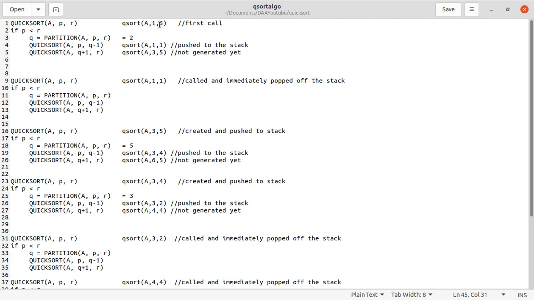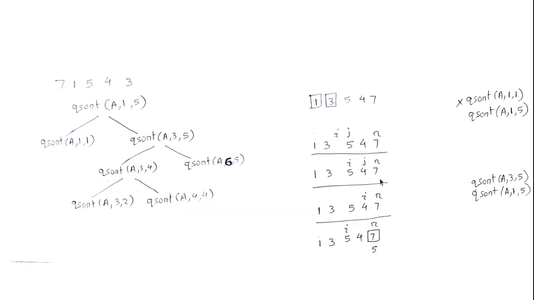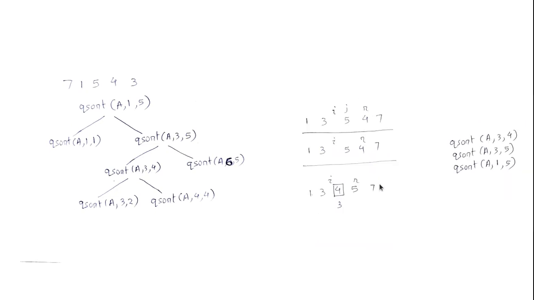So A15 was there, then A35 was there, and now A34 is pushed onto the stack. So that also can be seen from here, A34. Now you can refer to this A15, then A35, and A35 recursively calls this.